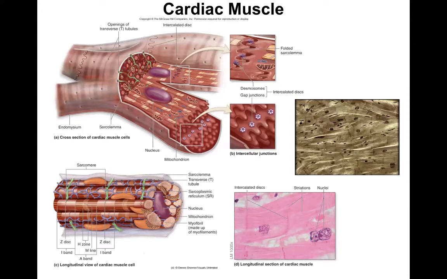If I want my heart to stop right now, it will not happen. The cardiac muscle cells are very important, and they are connected with each other by what are called intercalated discs. These intercalated discs can be seen very well under the microscope.